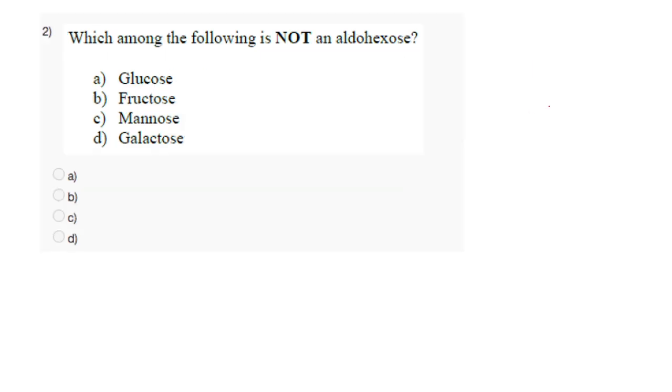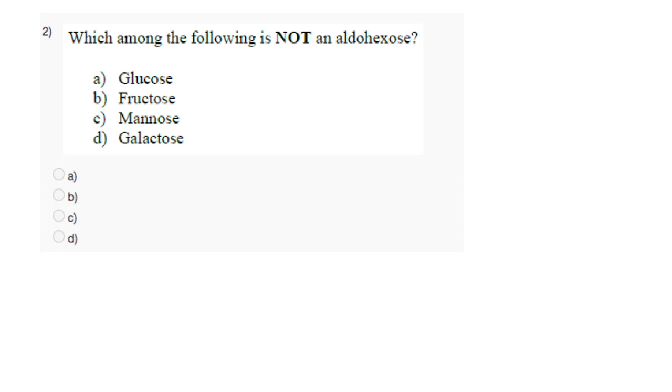Which among the following is not an aldohexose? Glucose, fructose, mannose, galactose. Option C, mannose. Okay.